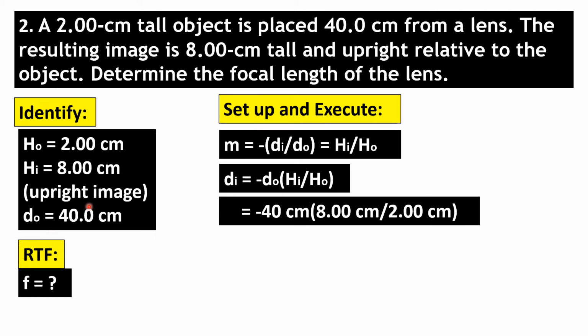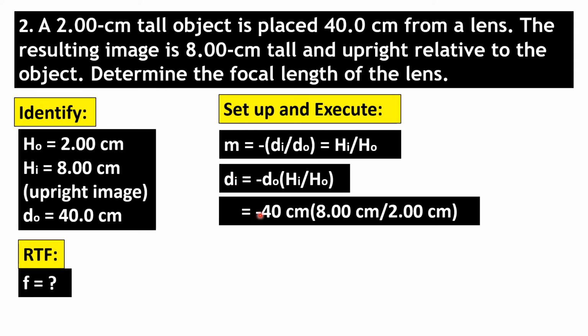Substituting, this is what we will get. Di equals negative 40 centimeters. Since in the original formula for m there is a negative sign, that is why we put the negative sign here as well. Our object distance is in fact positive 40.0 centimeters, but when substituted in the formula, there is that negative sign.